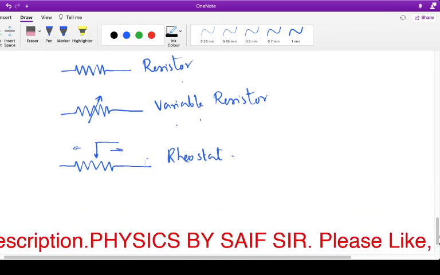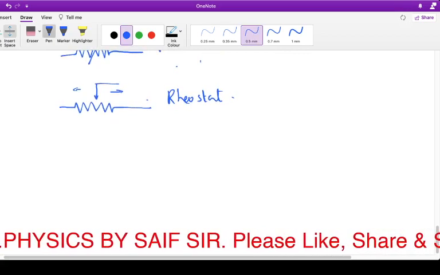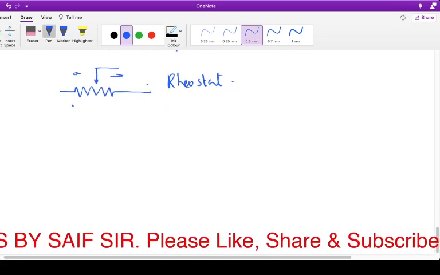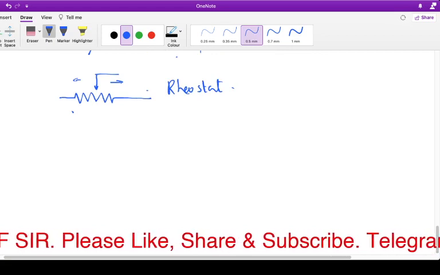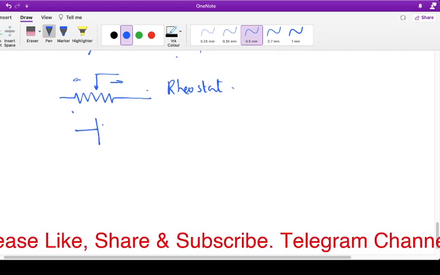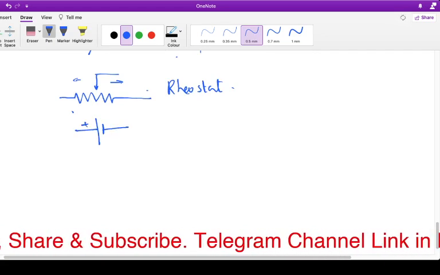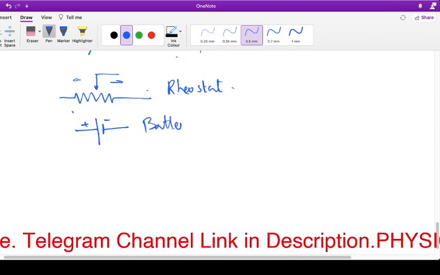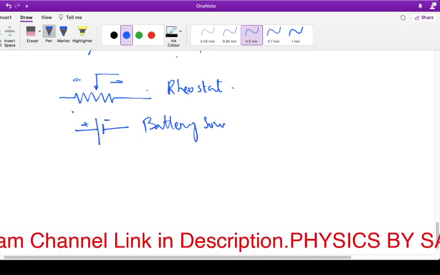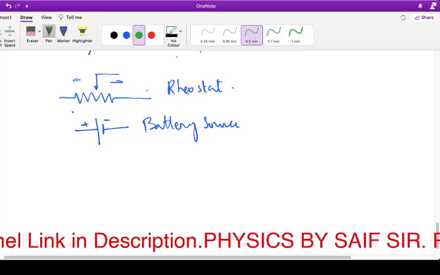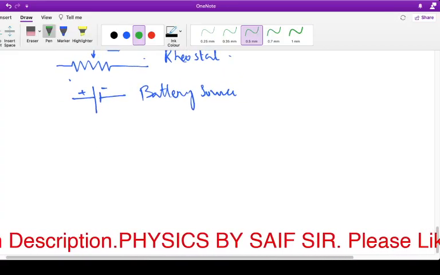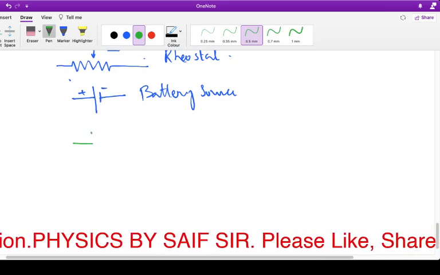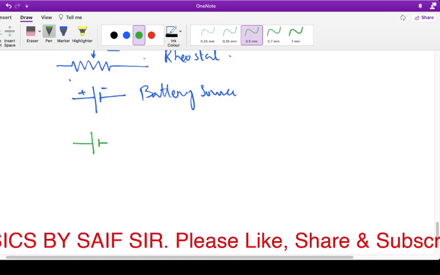Now coming to the other symbols. What if you want to represent a battery source? You can represent it like this. This one is positive, this is negative, and this is the battery source. What if you want to represent many batteries? That is called a cell.